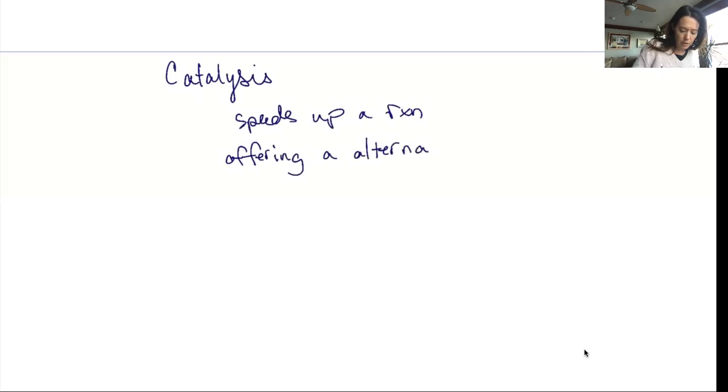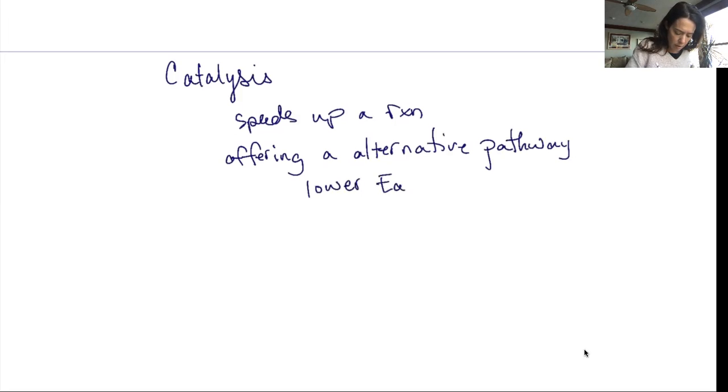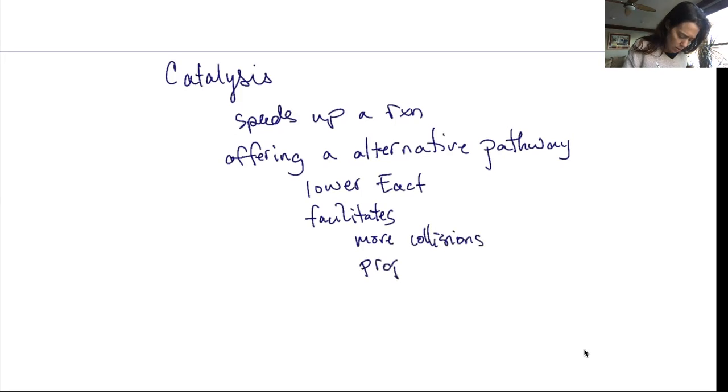That alternative pathway has a lower activation energy. It facilitates everything that has to do with collision theory, which is more collisions and proper orientations. So when a catalyst works with the collision theory, it helps to provide everything that's needed.